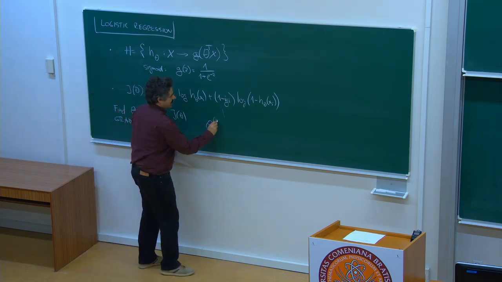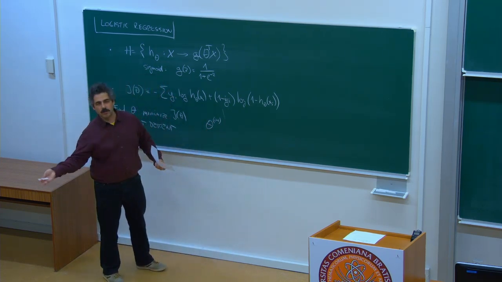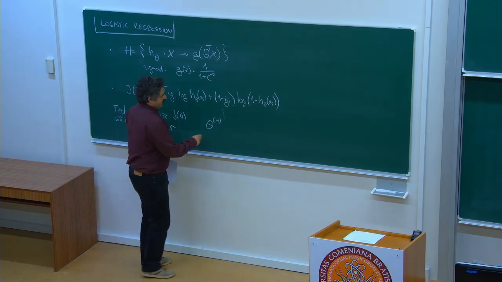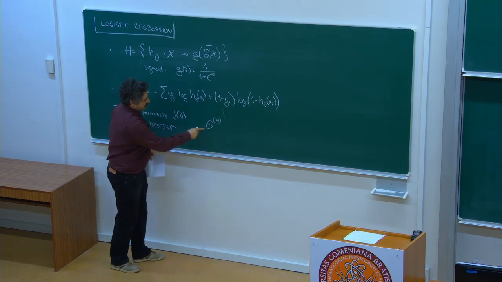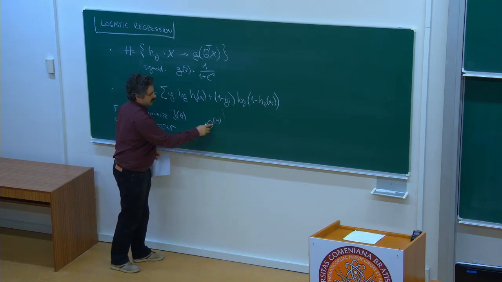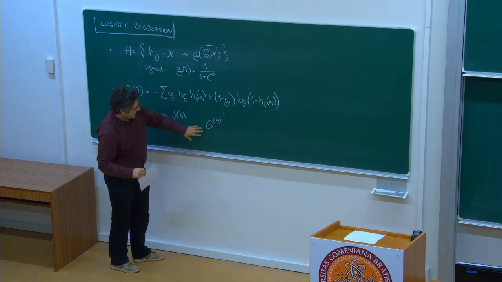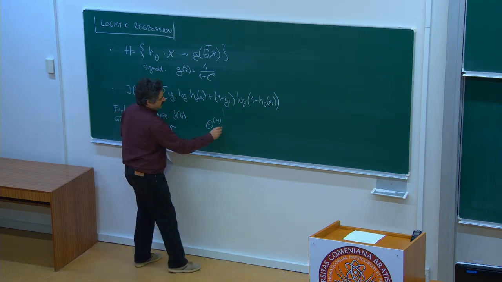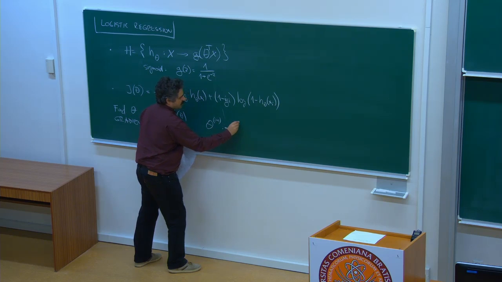So we need a rule for how to update the parameters in each step. This is the notation for the parameters in the (i+1)th step, and they are derived from the parameters in the ith step as follows.